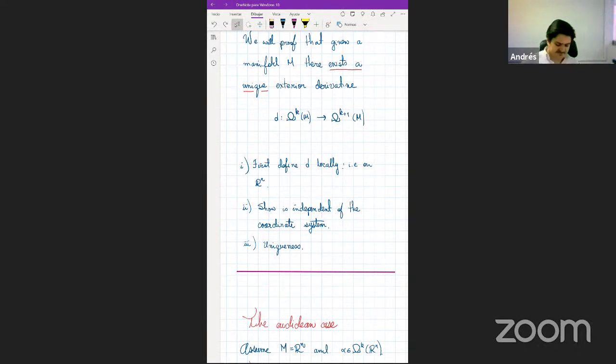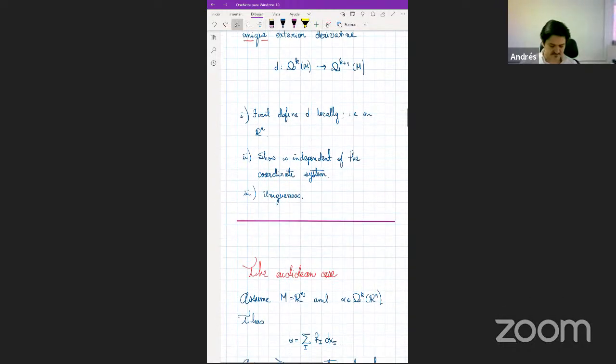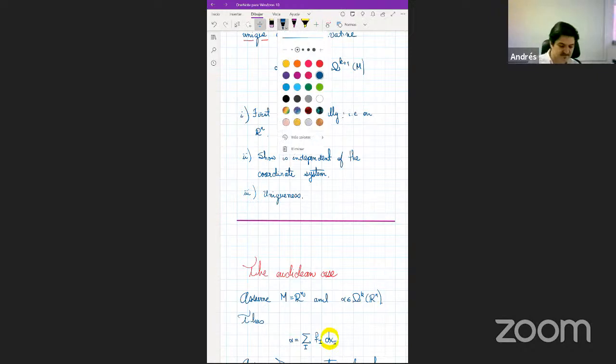Okay, so let's consider the manifold to be Euclidean space and take an arbitrary k-form. This is how we can write out a k-form. Remember that this is notation.